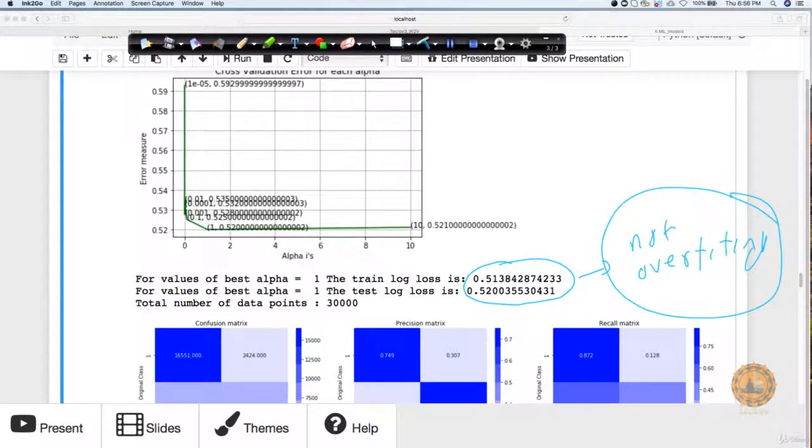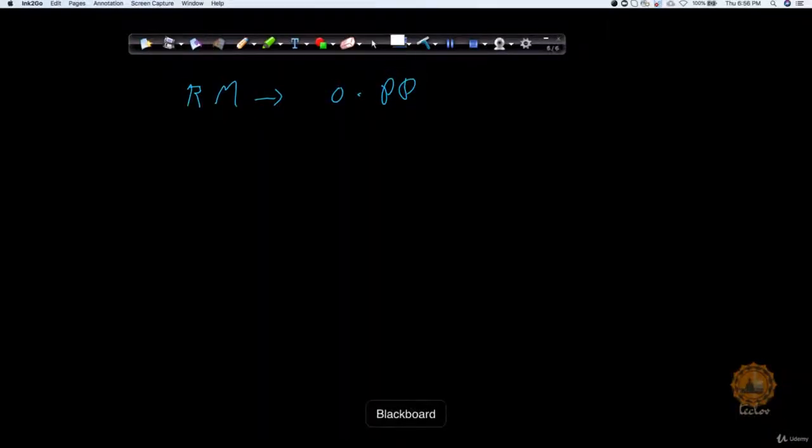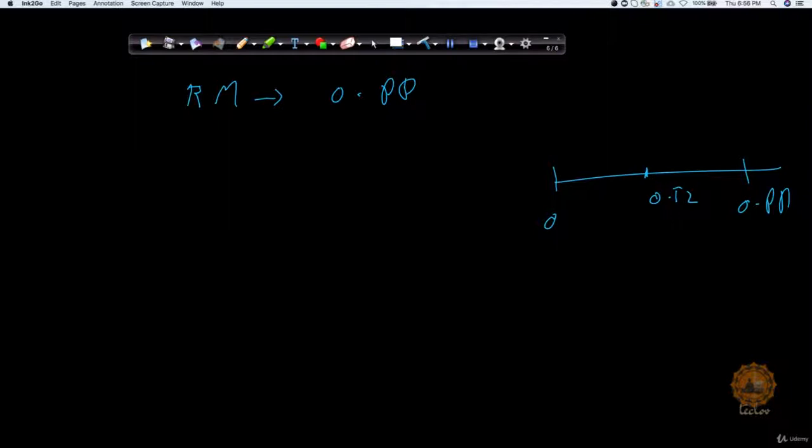But can I really say this for underfitting? No. If you look at it, we got almost 0.52. Ideally, I should have got near 0. And this was my random log loss, and I have come somewhere around 0.52. This is not a great number. I could have come somewhere around 0.3, which would have been far better.